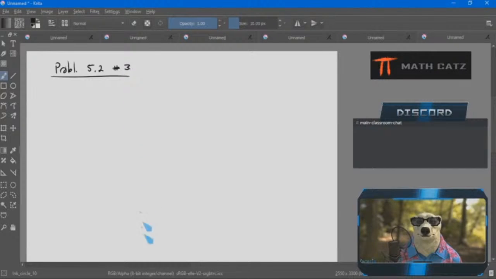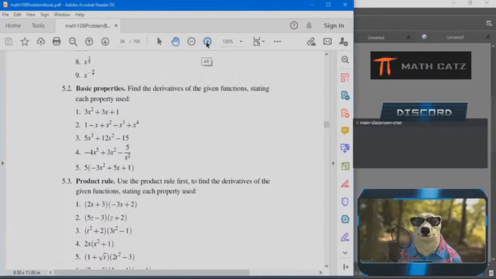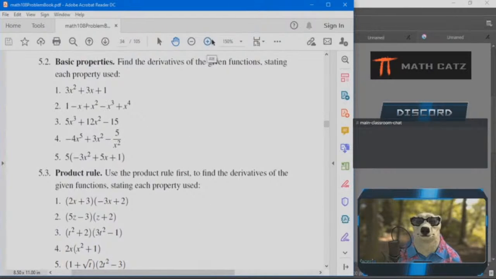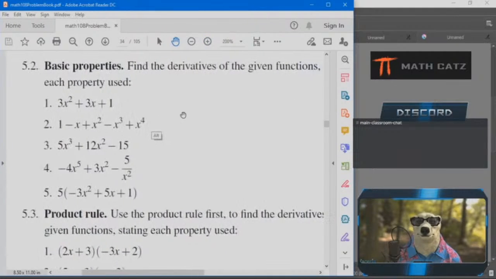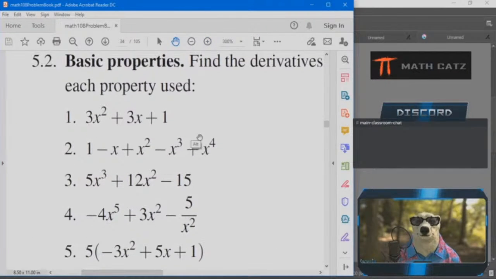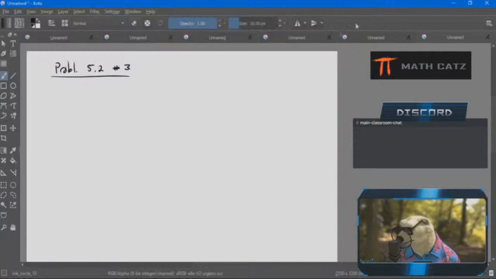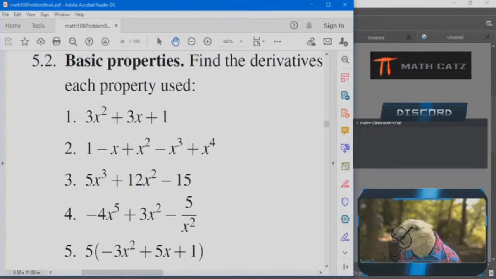Now, in the beginning, we are going to make a big deal about how we use the properties because it's important. But as we get used to it, we'll slowly write a little bit less and a little bit less. But in the beginning, I strongly encourage you to write out everything.